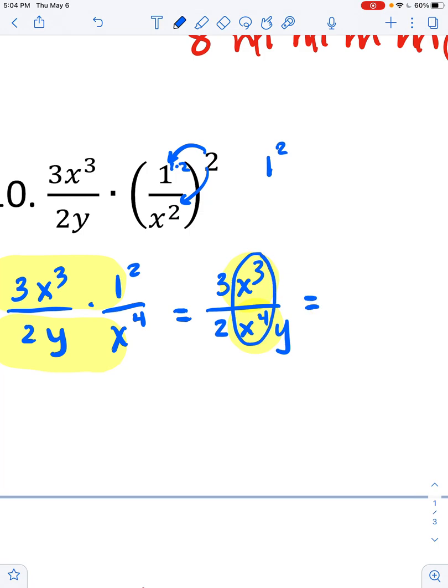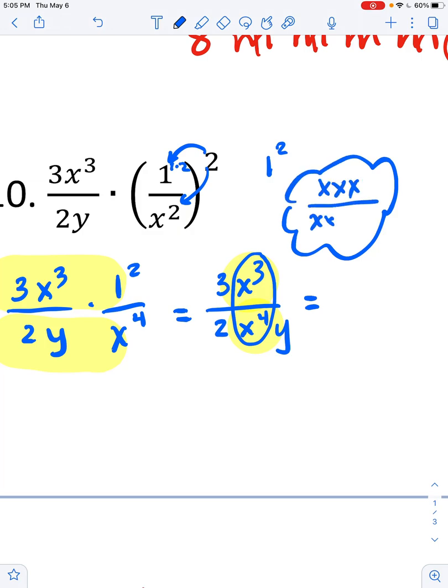And again, this one's kind of tricky because the extras will actually end up on the bottom, because you have 3 on top. So if you want to think about what that looks like as repeated multiplication, and then you have 1, 2, 3, 4 on the bottom, when you come along to cancel these, you're going to have this one, and this one canceling, and that extra one's going to be on the bottom because that's where the higher power was.